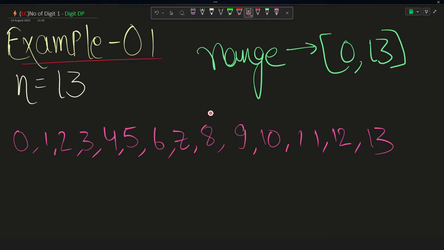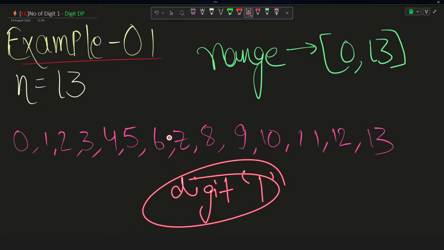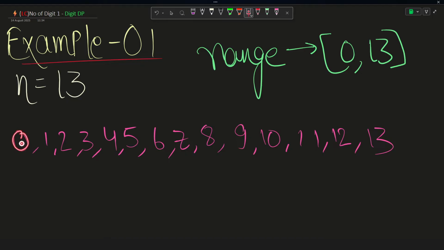As you can see, I have written here all the integers present in this range. Let us start counting from the very start and see how many digit 1s are present, because you have to count the digit 1s. If we start from 0, clearly in this integer there is no digit 1, so it will not be part of our answer. Let us move forward.